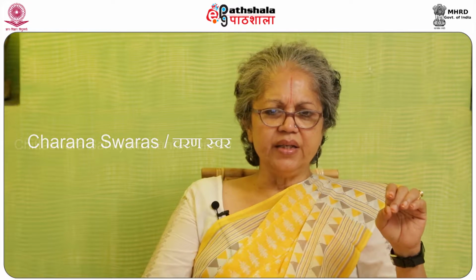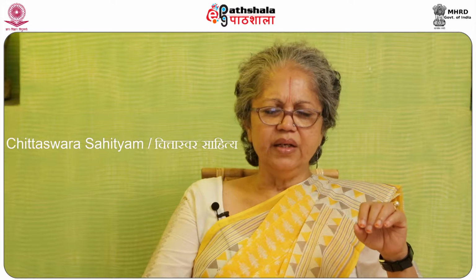Uttaranga, that is the second part, comprises Charana Swara, Charana Sahitya, Chitta Swara and Chitta Swara Sahitya. Charanam Swaras are sung first, followed by Charanam Sahityam. Charana Swaras are set to different korvais.